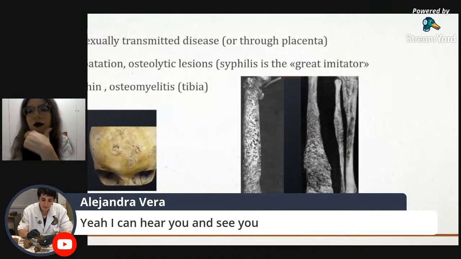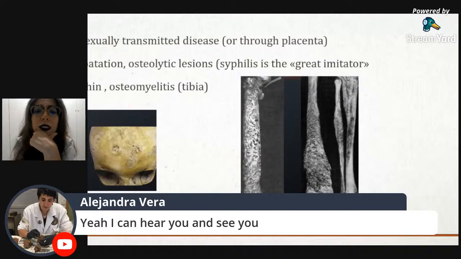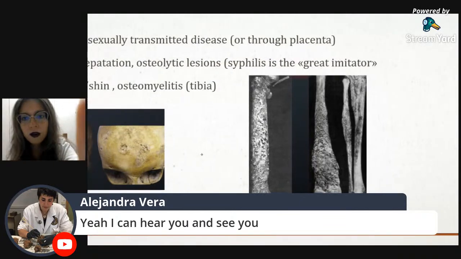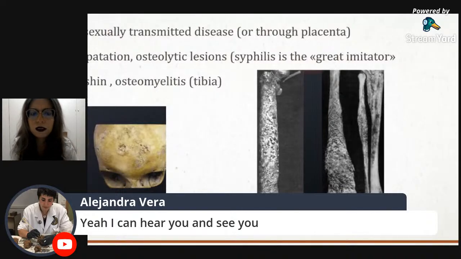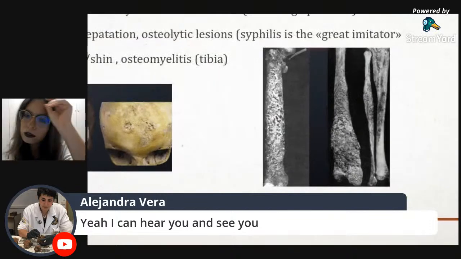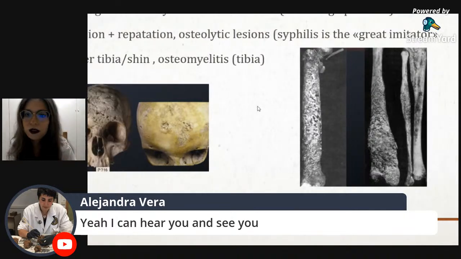That bone here was once the bone of the lower part of the leg, the tibia, and it's a huge form of osteomyelitis of the tibia, and it could have a sort of saber-shaped tibia.